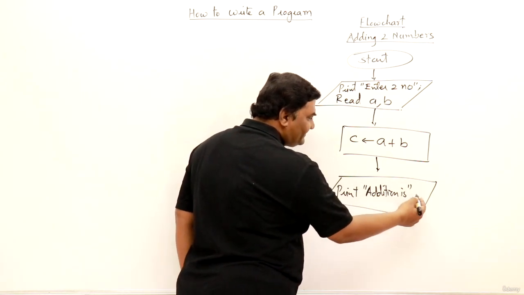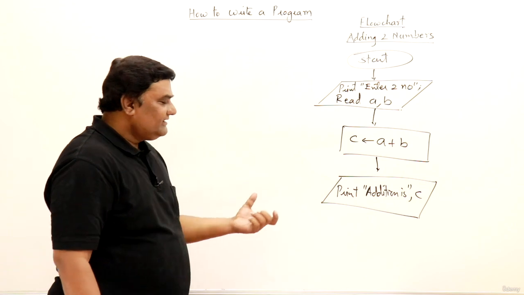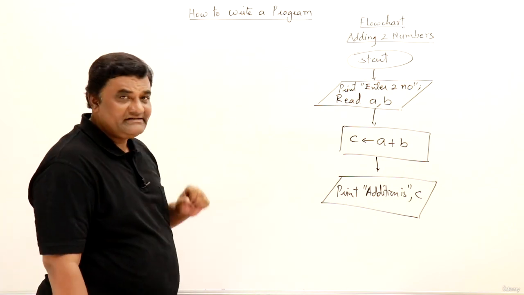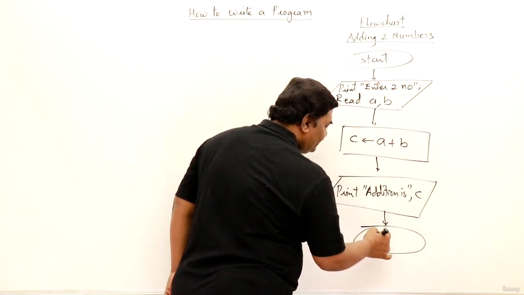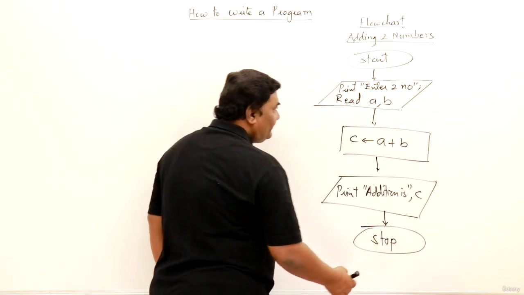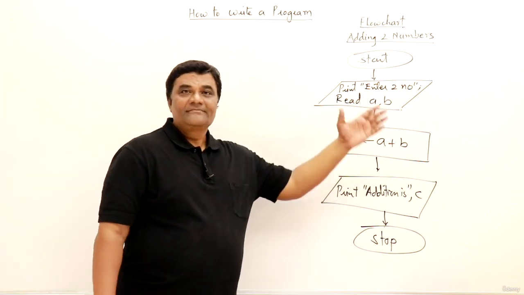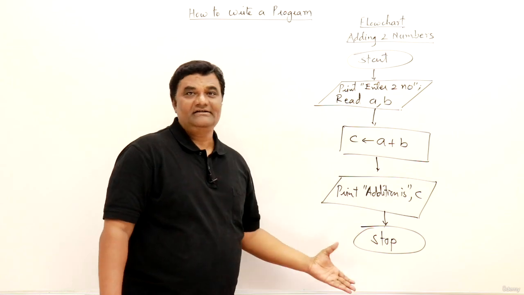This is in quotes because it's a message, then comma C. So it will be saying addition is, then the result, whatever the result is, that is there in C. Then next is the end of this procedure. So this is stop. For that, oval is the shape we use, or ellipse is the shape we use. So start and take input, process, give output and end.